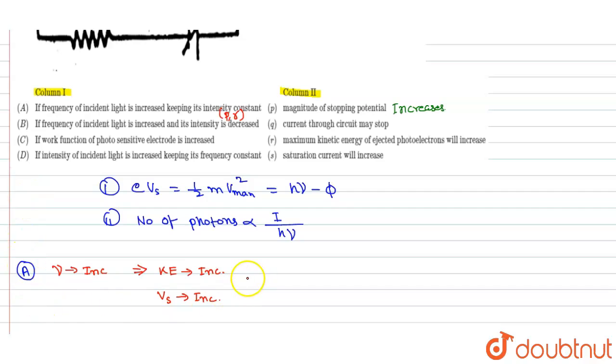Now coming to the B part of this question. It is given that the frequency of the incident light is increased and its intensity is decreased. From the first relation, as frequency increases, maximum kinetic energy will increase, and the stopping potential Vs will also increase.